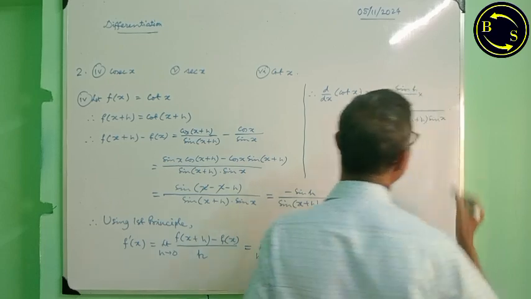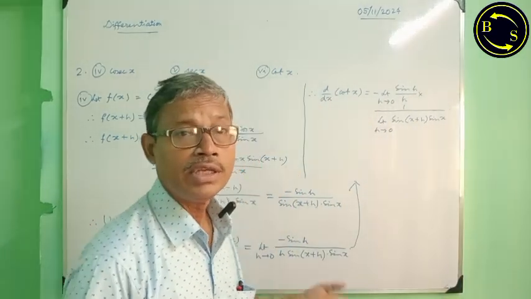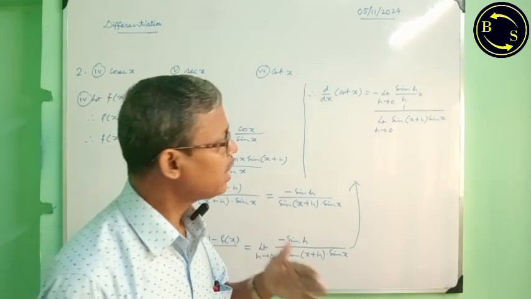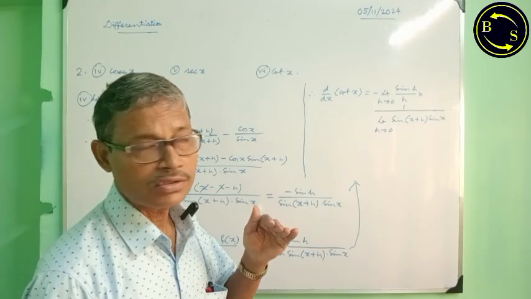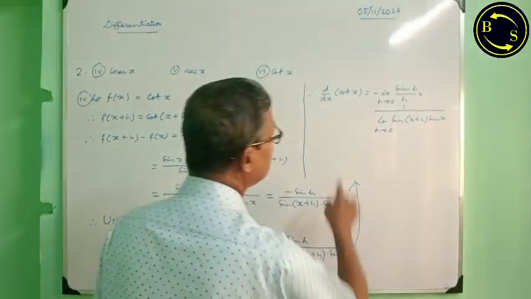I have applied the law of limits: limit x tends to 0 of fx by gx is equal to limit of numerator fx and limit of denominator gx, or this form.